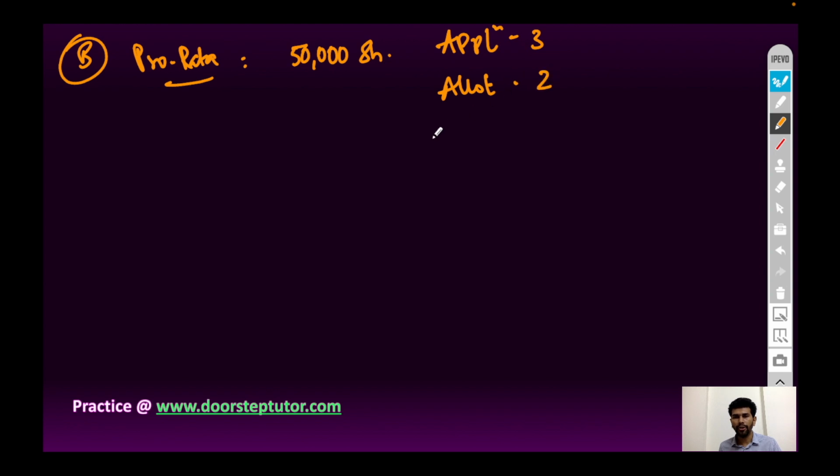Second case, in case of oversubscription, if application money is not refunded but it is adjusted in allotment money and the company has issued shares on pro rata basis. So pro rata basis, for 50,000 shares, application money is 3 rupees, allotment money 2 rupees and call money 5 rupees.